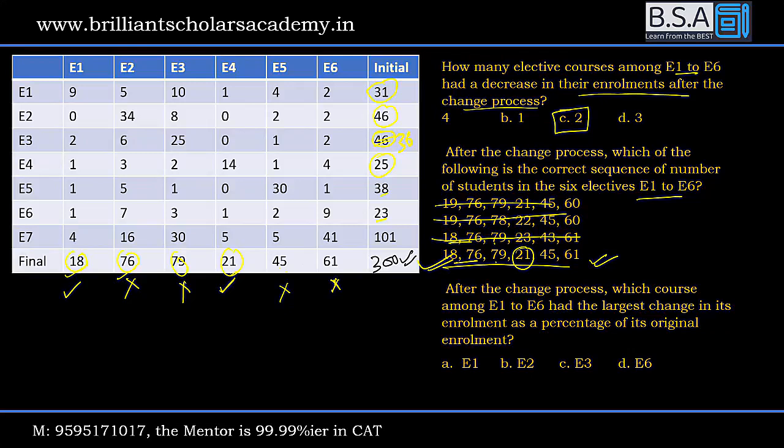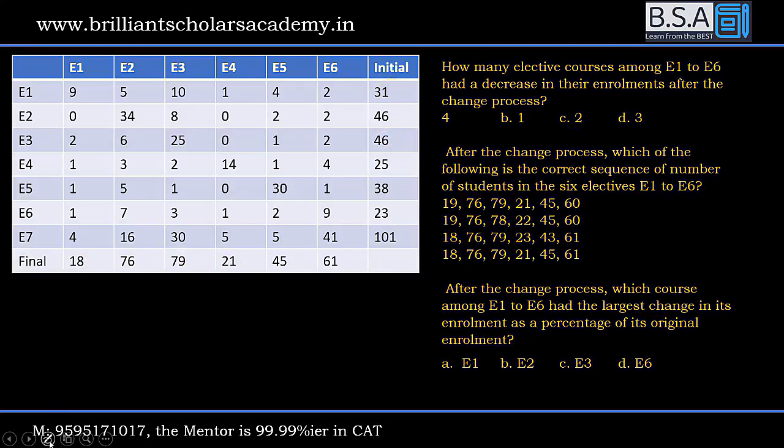After the change process, which course among E1 to E6 had the largest change in the enrollment as a percentage? Be careful. Largest change as a percentage of its original enrollment. We don't want the absolute change.